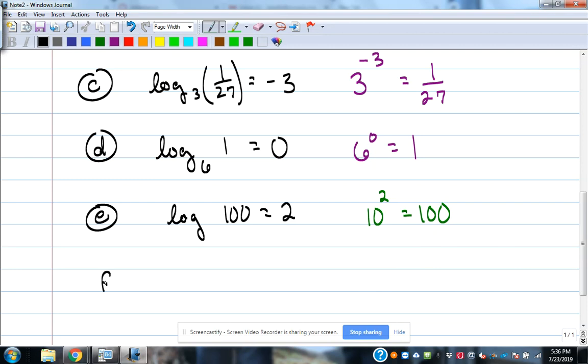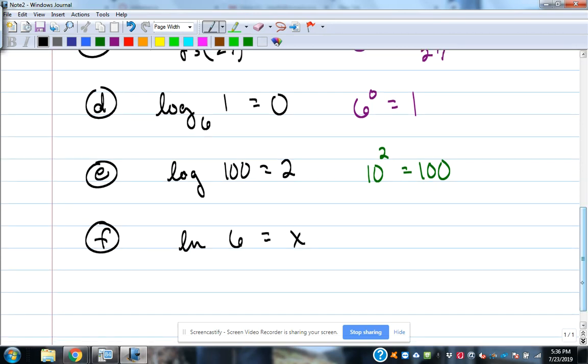Let's do another common log. It's called natural log, and it uses ln. I'm just going to use a variable here because I don't know what e to the what power gives me 6. I'm going to use x there. ln is called natural log. It's really log base e is another way of writing that.